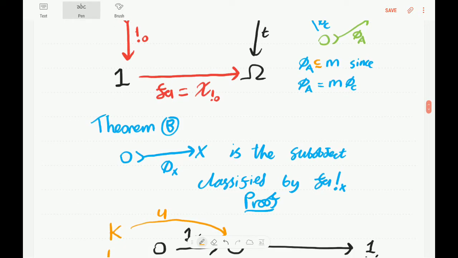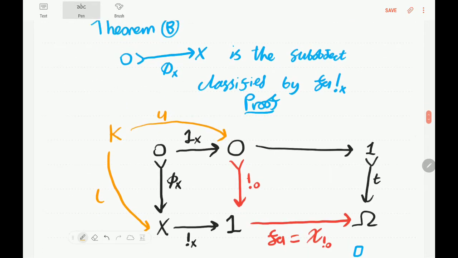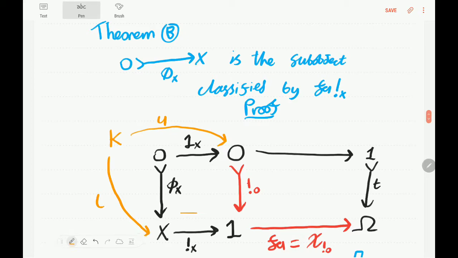So the claim is that whenever we have an object X, false after exclamation mark X is the classifying arrow of 0X, this empty subobject of X. So let's see this proof. We're interested in the subobject classified by false after exclamation mark X.